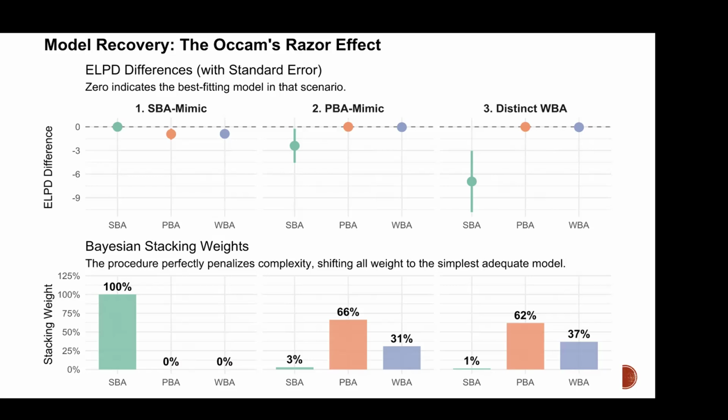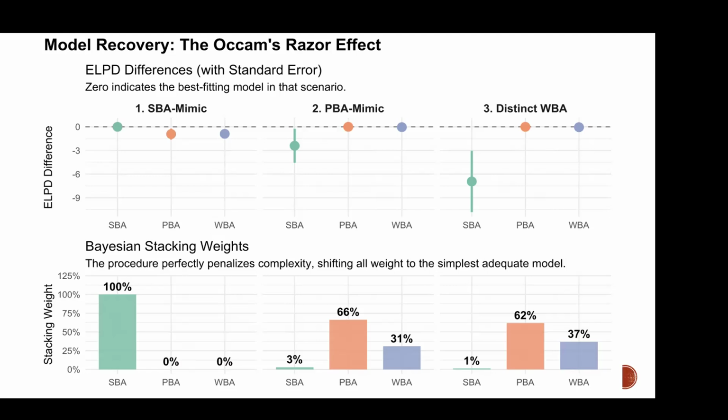Also, it has very uncertain predictions, right? Because if you have a very uncertain parameter, when you make a prediction, the uncertainty of that parameter gets propagated throughout the prediction. Yes.